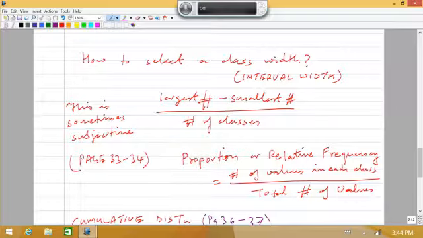The class width in this particular case is 10. The lower limit is 20 and the upper limit is 30 for the first row. And this is how we go down the list, and the last one has a lower limit of 70 whereas the upper limit is 80.